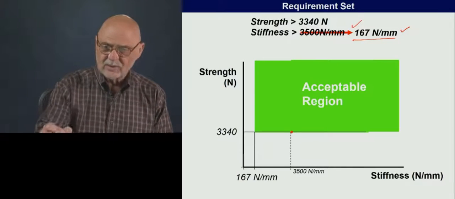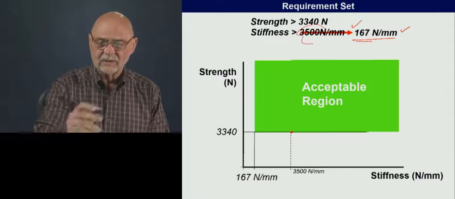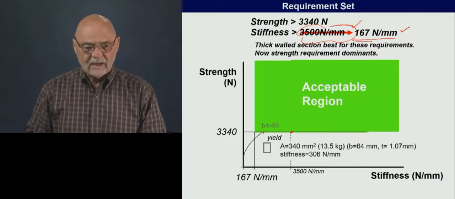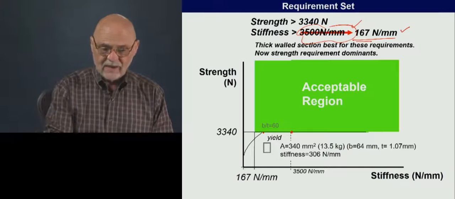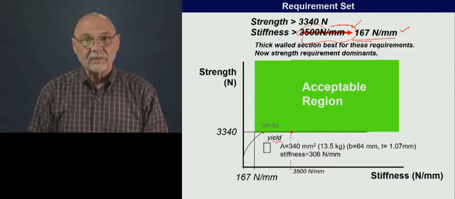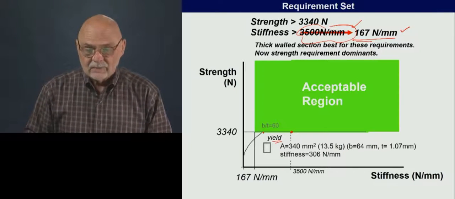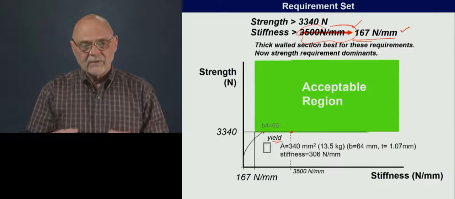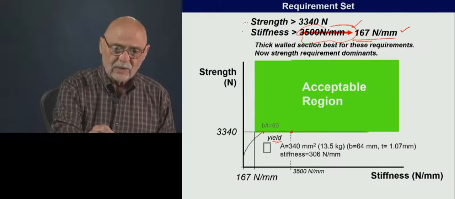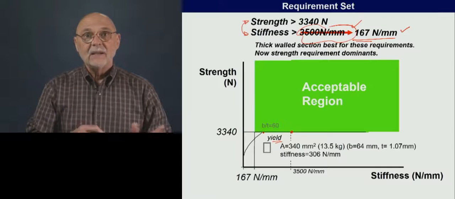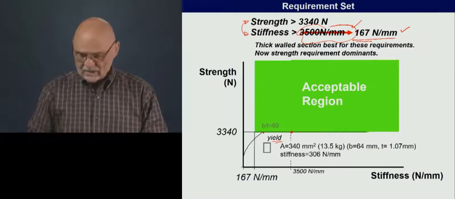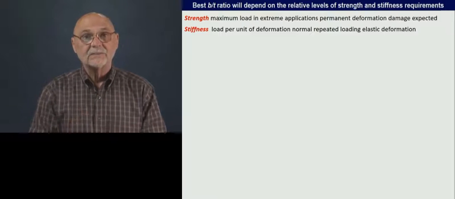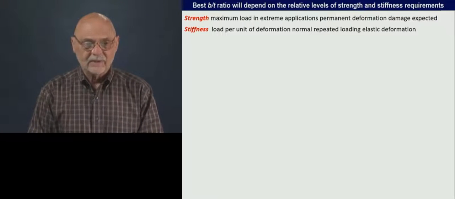So if we have these requirements rather than the ones that we looked at for the car, then the optimal solution won't be a thin wall design. It will in fact be a section that fails by yield. So this whole idea that the ratio of the requirement for strength and the requirement for stiffness for a particular structure really determines the kind of requirements that you'll have.